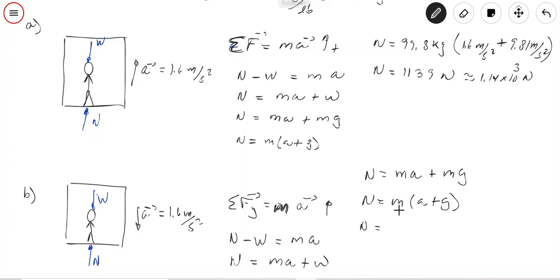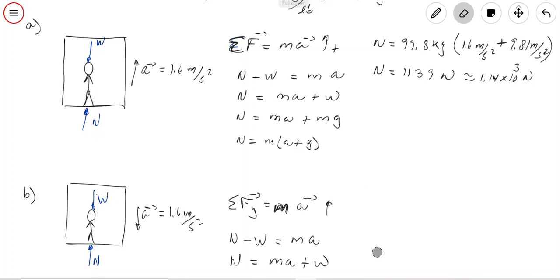So, even better, I can just say here that this will be negative, because we have a negative acceleration, it points downward.